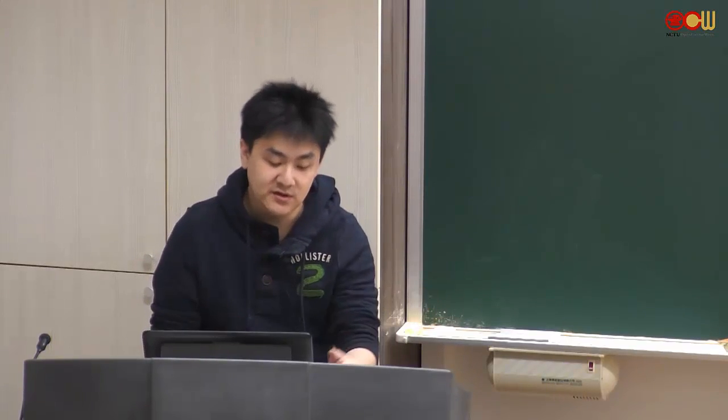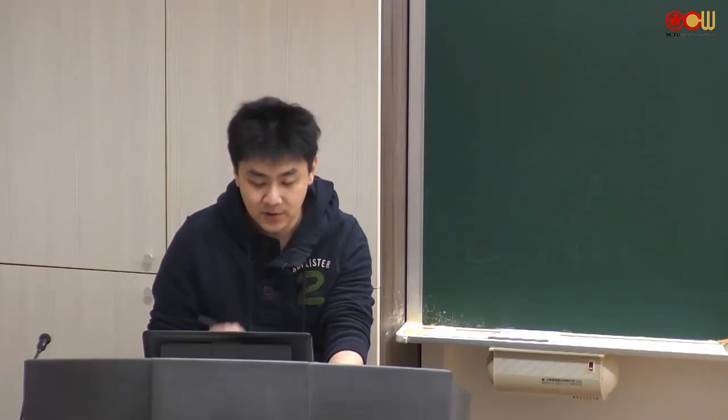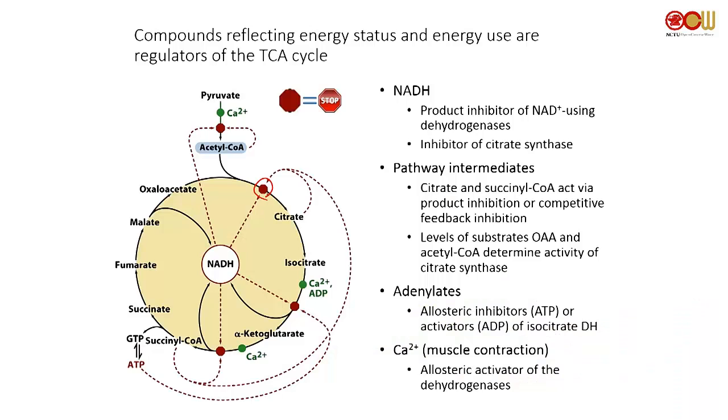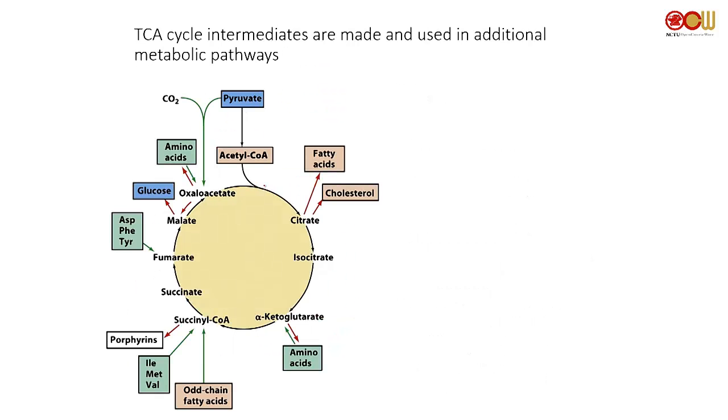It's very intuitive: if you have too much of the product, you're going to shut the cycle down. So for example, citrate synthase is going to be inhibited by citrate, and it can also be inhibited by succinyl-CoA. So products of the TCA cycle can come in and inhibit the cycle. All right, so we talked about that.